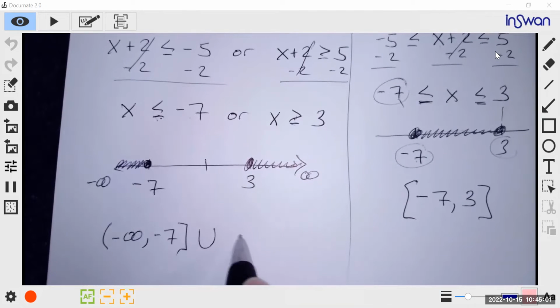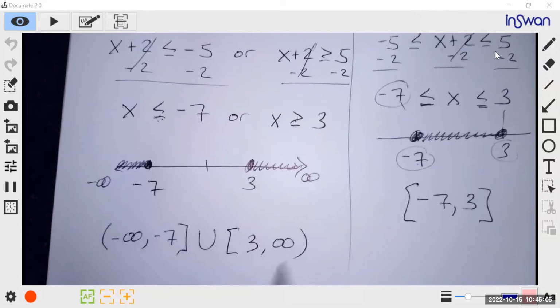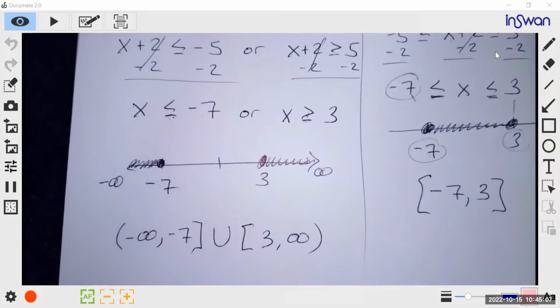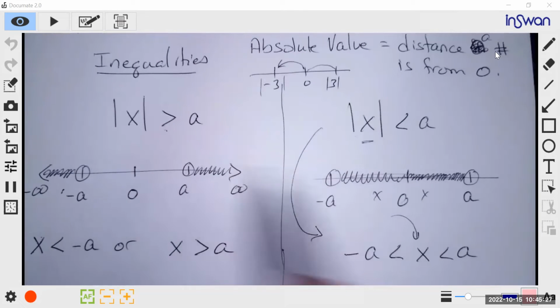Very good. Excellent. And that's all there is to inequalities. The only thing you have to know now is, if it's greater than, then it's going both directions: greater than a to the right, less than negative a to the left. If it's less than a, then it has to be between positive and negative a. That's the only thing you have to remember right here.